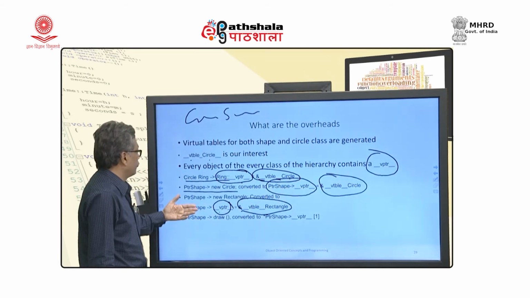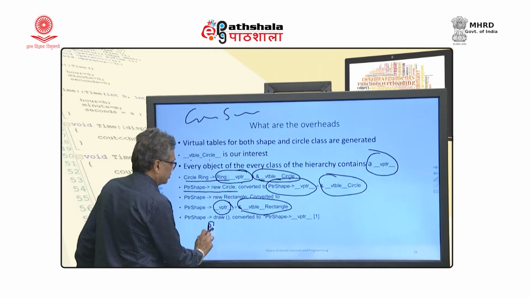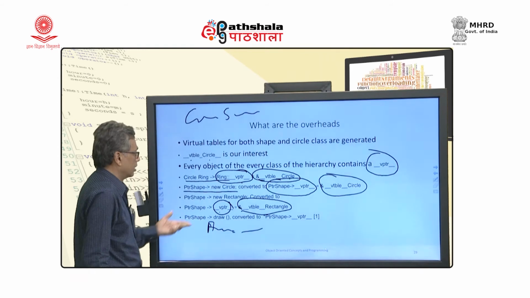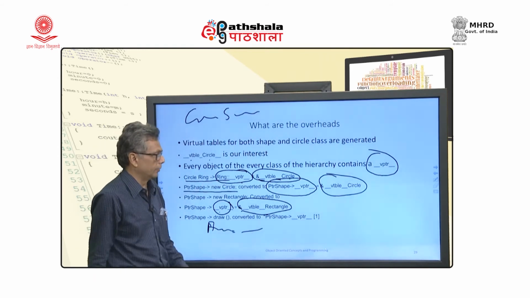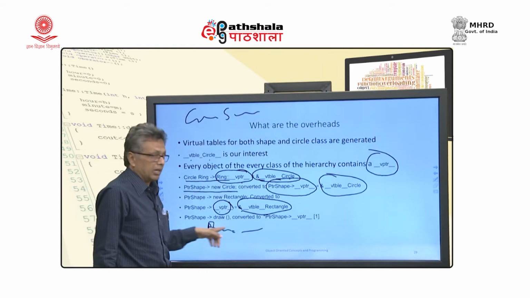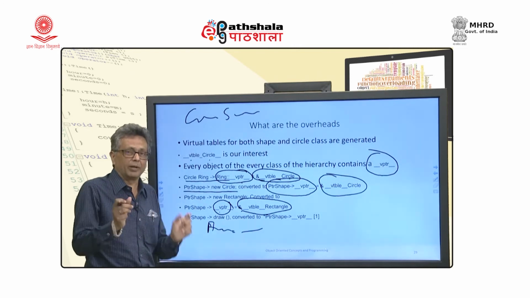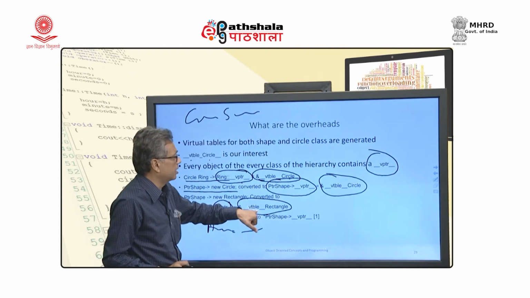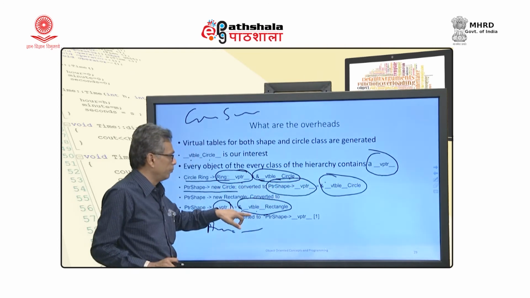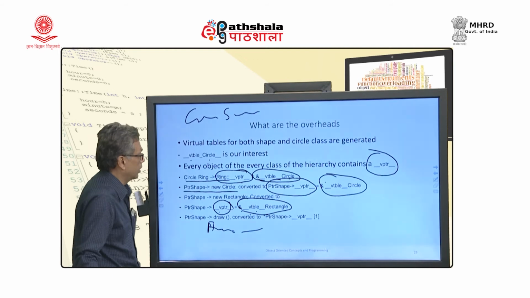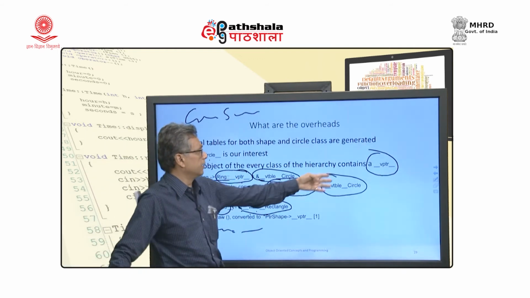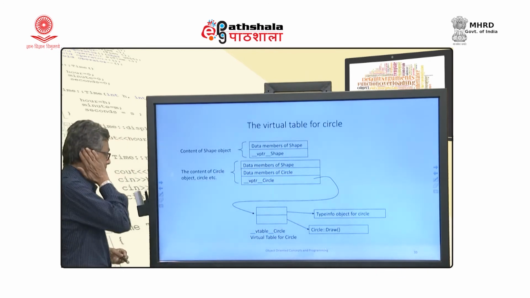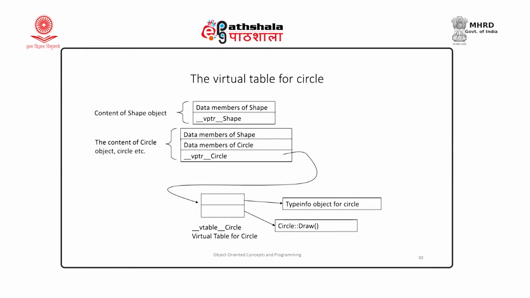Later, if you assign PTR shape equal to some rectangle object, after earlier defining a circle, which you can always do, the compiler will modify this assignment statement and additionally change the VPTR value. Earlier it was pointing to the V table of circle, now it should point to the V table of rectangle. It is something like this.